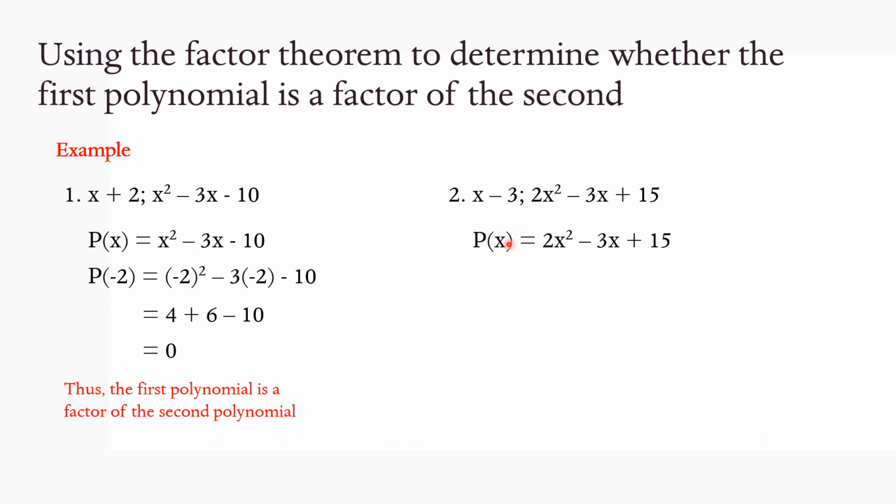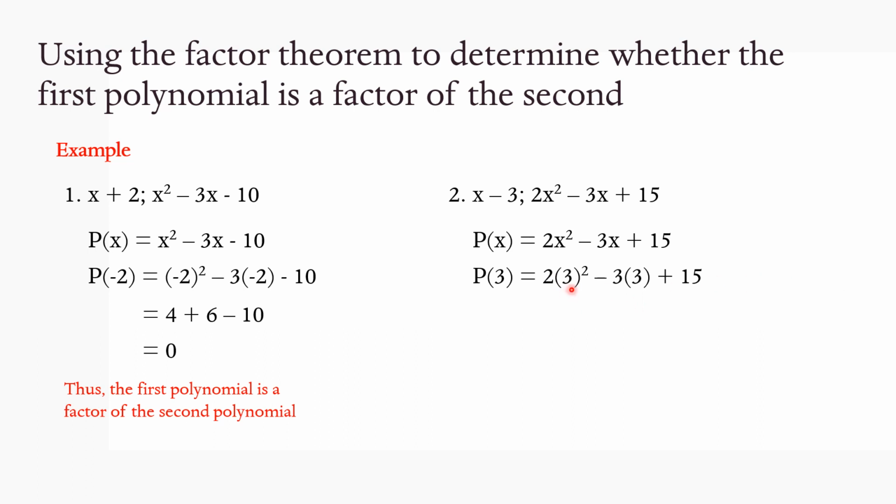The value of x here is simply the opposite of negative 3, which is positive 3. So we will let x be 3. Substitute all x's by 3. So this will become 2 times 3 quantity squared minus 3 times 3 plus 15.